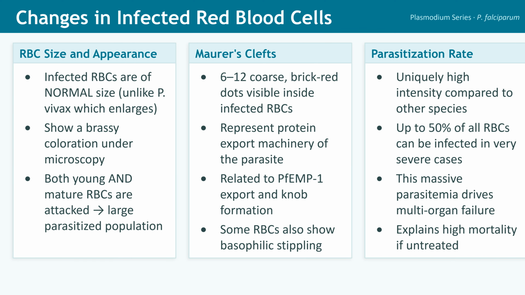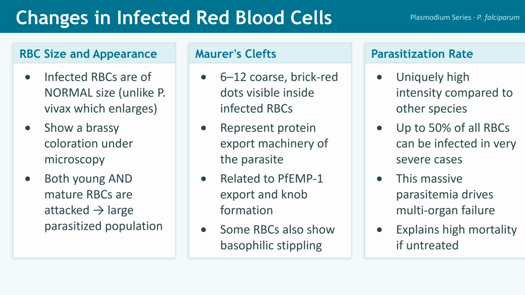Now let's discuss what changes arise in the infected red blood cells. The infected red blood cells are of normal size, unlike Plasmodium vivax, which has an enlarged RBC and shows a brassy coloration under the microscope. Both young and mature RBCs are attacked.